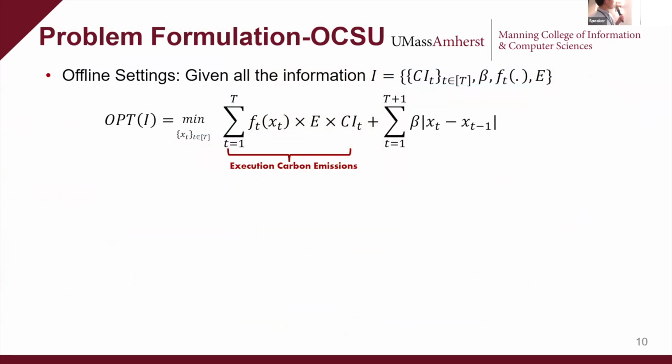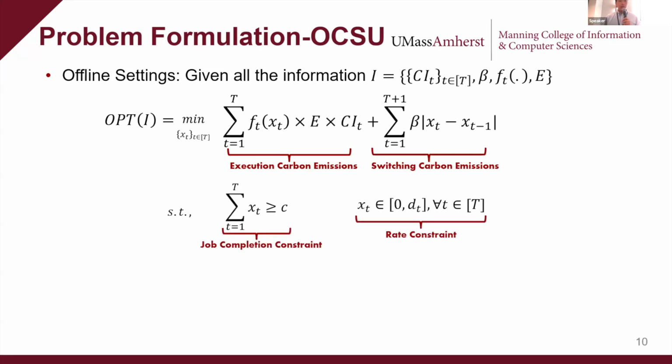And this first portion, execution carbon emissions, first we have this resource scaling function as a function of the units xt allocated, the actual energy consumed per resource unit, and the time varying carbon intensity. And the second part is a switching carbon emissions, which is this additional cost beta times the absolute difference in xt between each time slot.